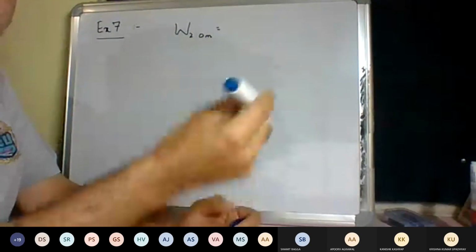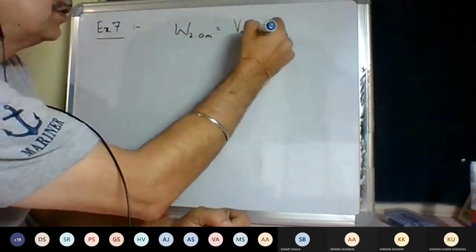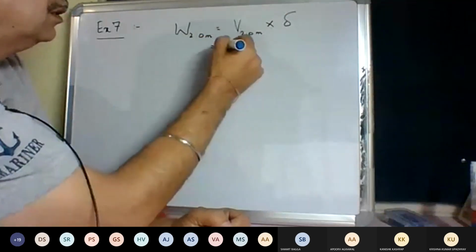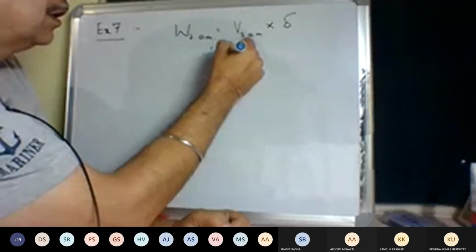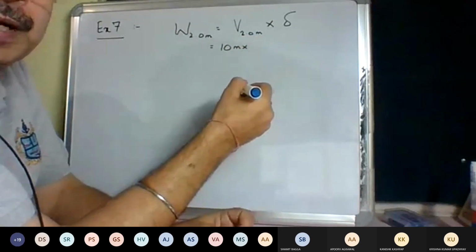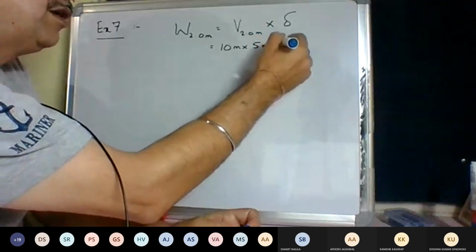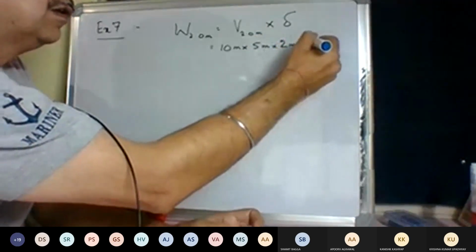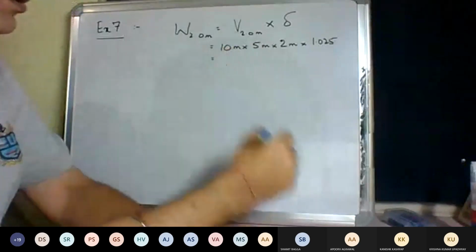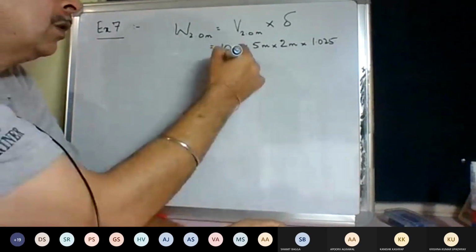So volume at 2 meters into the density in which it is floating. So volume will be the length into the breadth into the draft, into the density in which it is floating, which is salt water.